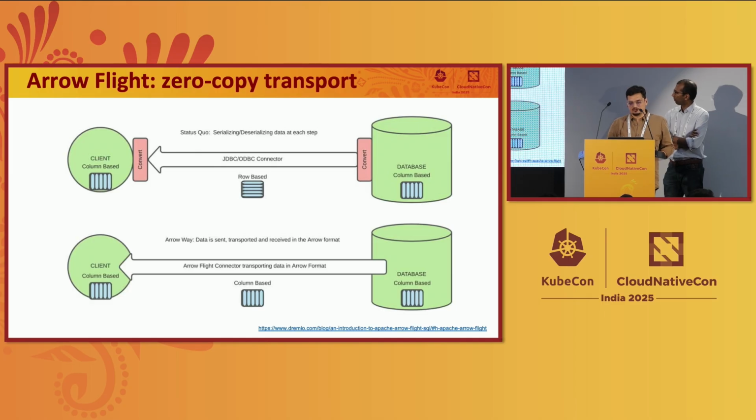Because you want data in the columnar format. These are the 2 convert boxes that Apache Arrow eliminates with something called Arrow Flight. So in Flight, it's columnar data on storage in the database. It travels the wire in the columnar format as well. No conversion anywhere. You actually save a lot of time here.